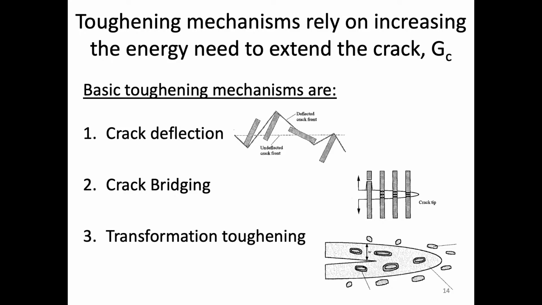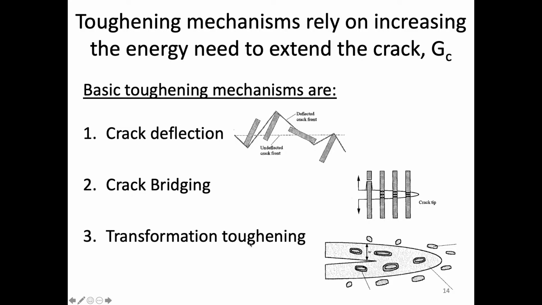So the first one is crack deflection. So we're going to try to deflect the crack as much as possible. The next type of mechanism we're going to talk about is crack bridging. And so this is where we effectively try to put things between the crack, perpendicular to the crack tip, and these will increase the energy it takes to expand the crack.